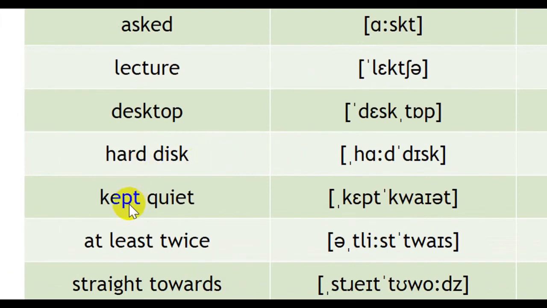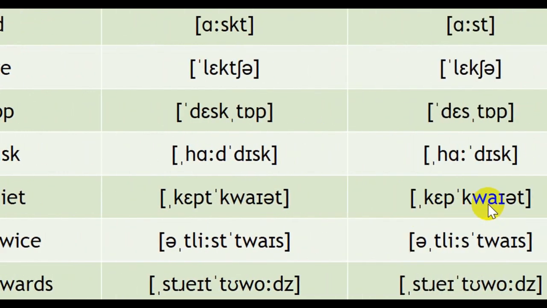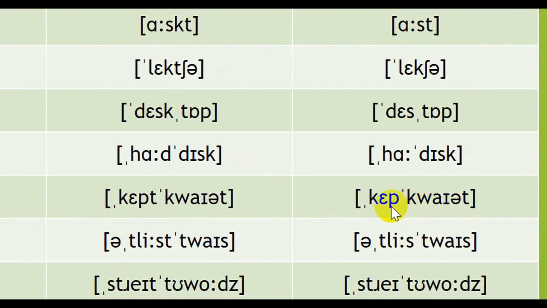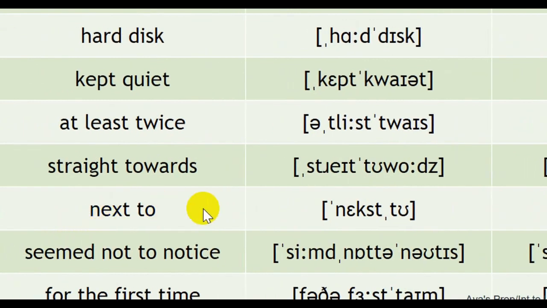'Kept quiet'. That is p-t. 'Kept', this is the consonant cluster, and then we tend to forget the t. We say just 'kep quiet'. Or maybe 'next to'. It happens all the time.